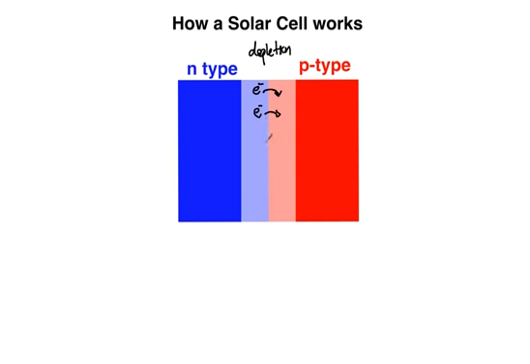But this area normally is still neutral, even though we have electrons here. This area is normally still neutral, even though we have holes here. And so by having electrons migrate across from the N-type to the P-type, you're now going to set up an electric field, because this region, having lost some electrons, has become slightly positively charged, whereas this region becomes slightly negatively charged because of the movement of the electrons.